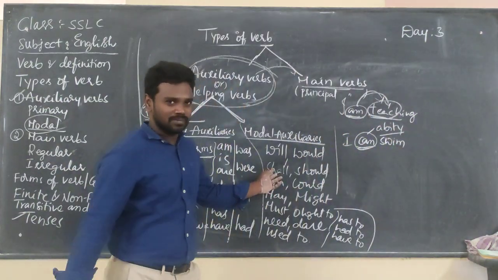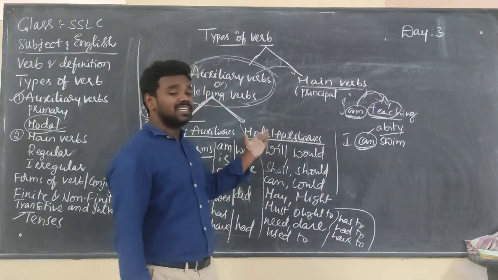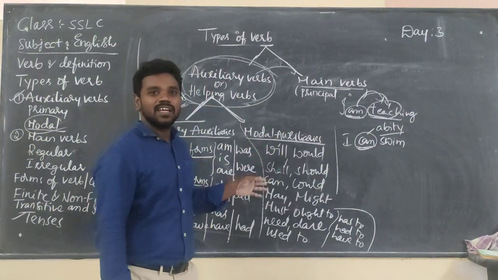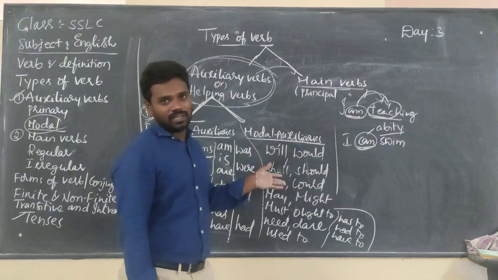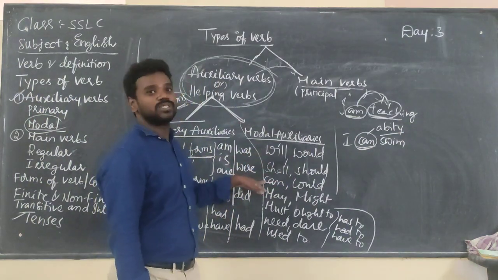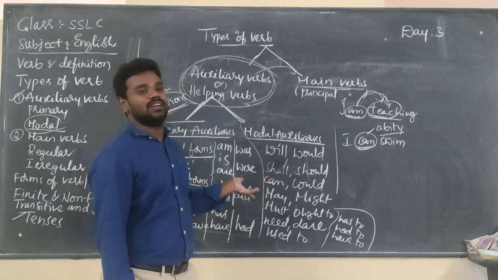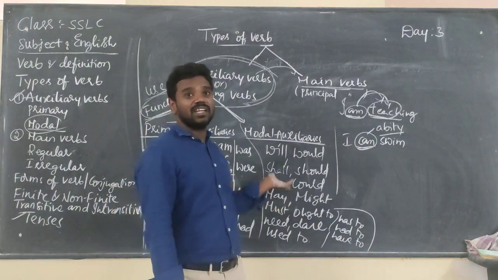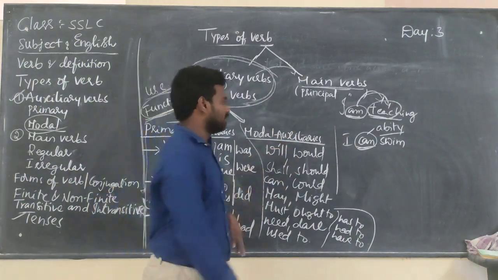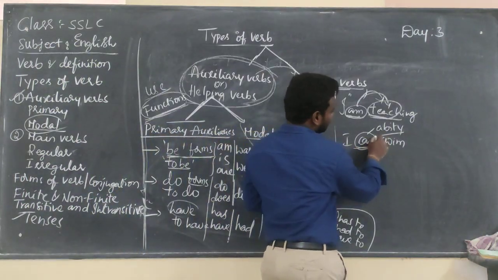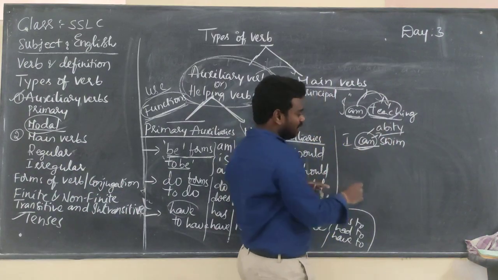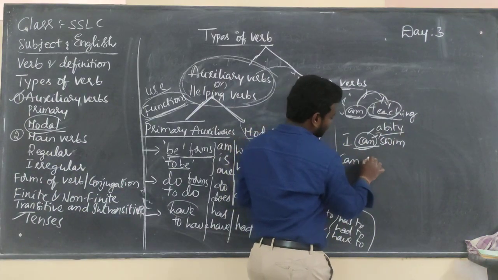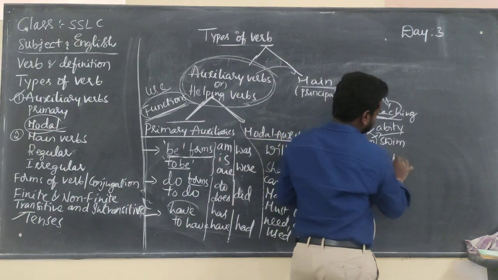Each and every modal auxiliary has its own individual function and use, and they function differently in a sentence. For example, can here talks about ability. When I change this into a question, Can I go there?